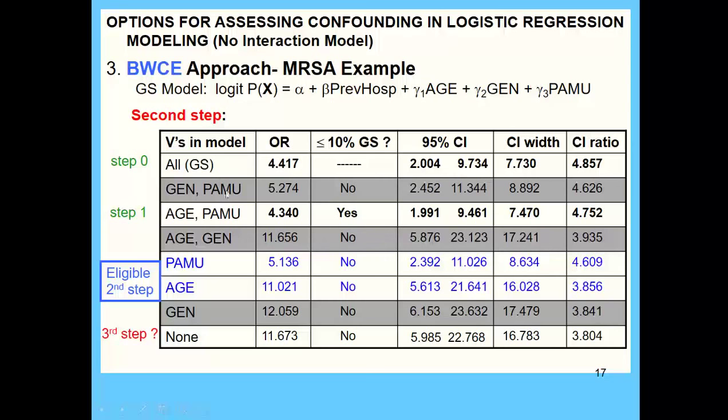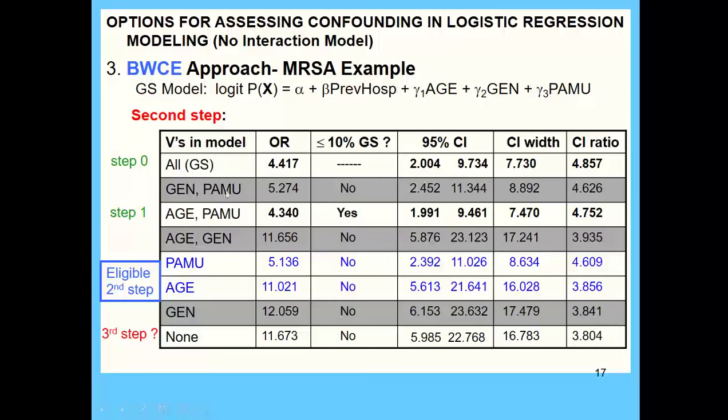Why have I shaded that out? Because that has gender in the model, and at the first step we've dropped gender. So that's not an eligible model using this approach. Nor are the other two shaded models, because all 3 have gender in them. I've already dropped it.